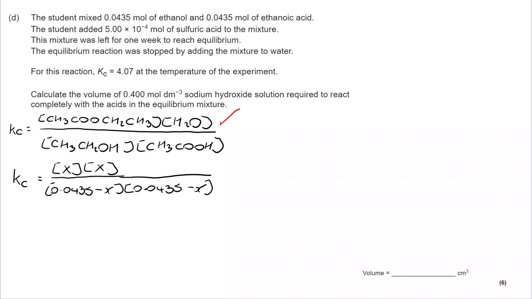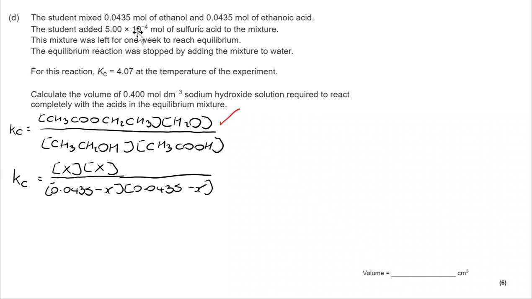So we're going to now incorporate the value of x. x is the equilibrium moles of ethyl ethanoate, and it's also the equilibrium moles of water. And we know they will be the same because it's a 1-to-1 ratio in the equation. So for every 1 mole of ester that's made, there will be 1 mole of water.